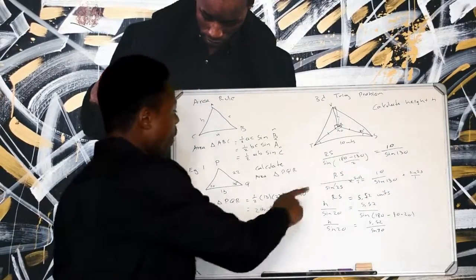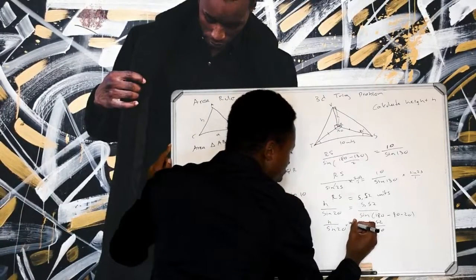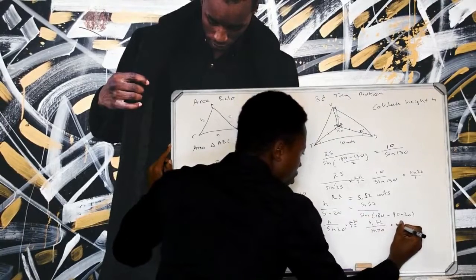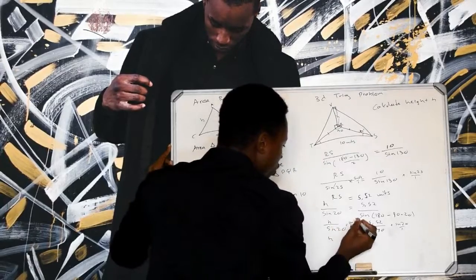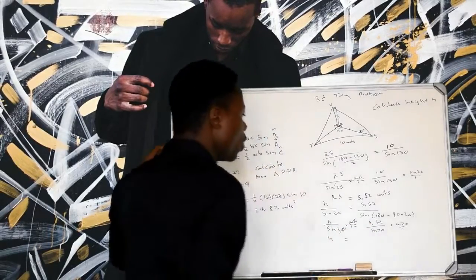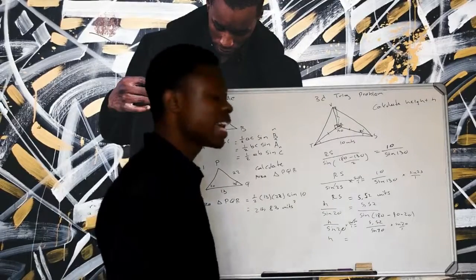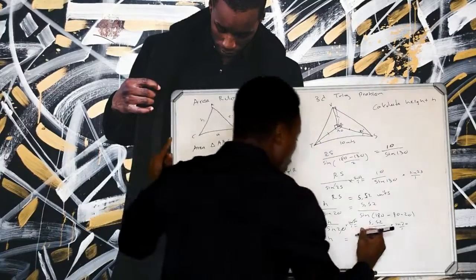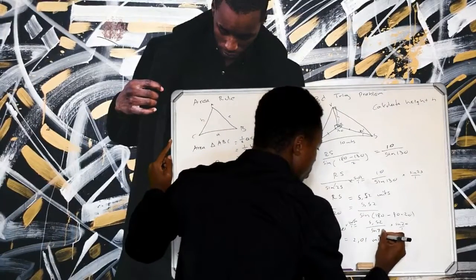What do I do? I multiply both sides by sine 20 over 1, right? So I'm left with h on this side, which is equal to 5.52 sine 20 over sine 70. What does that result in? Put it in your calculator. What I got was 2.01 units.